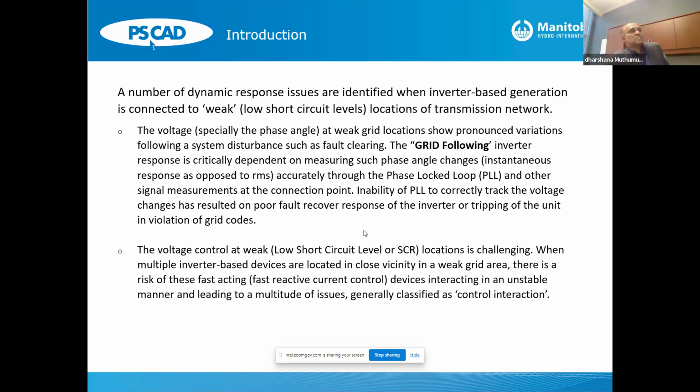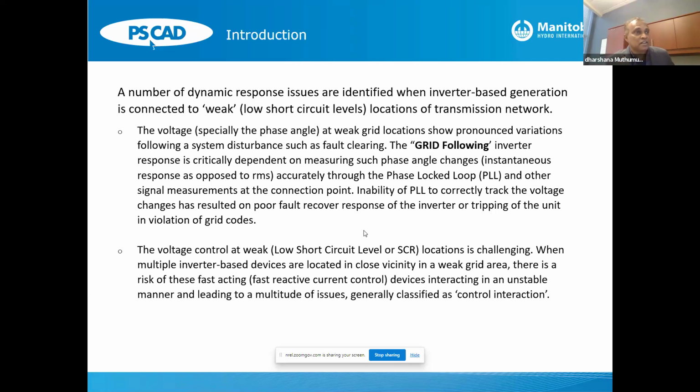To be more specific, with respect to grid following inverters, the inverter controls need to know the condition of the grid in order to do their controls correctly and accurately. More specifically, the inverter controls need to measure the voltage at the connection point, the bus voltage, in its magnitude and phase.